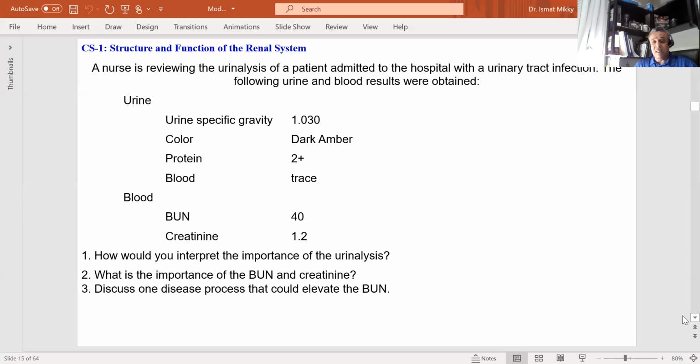In this case, the patient had a urinary tract infection, UTI, which sometimes can cause nausea and vomiting as well. So if the patient was unable to take fluids, then dehydration could have occurred and the lab data would be explained.